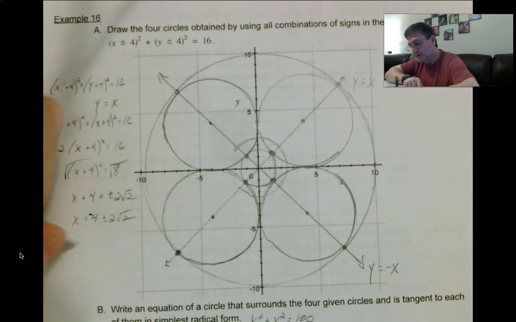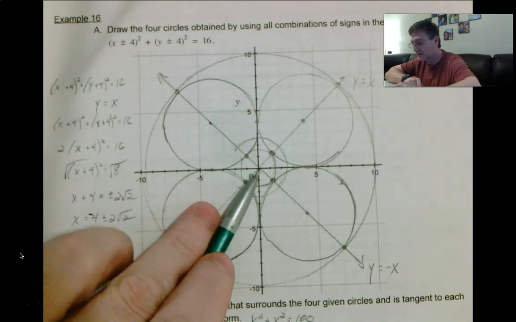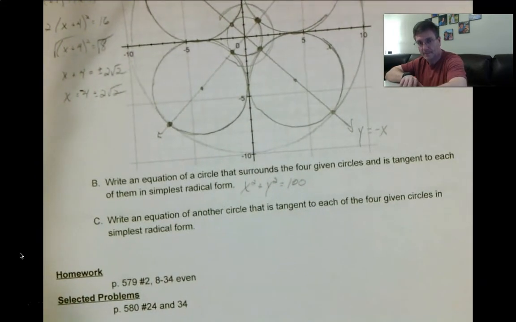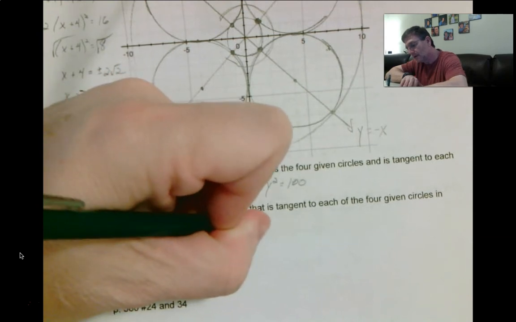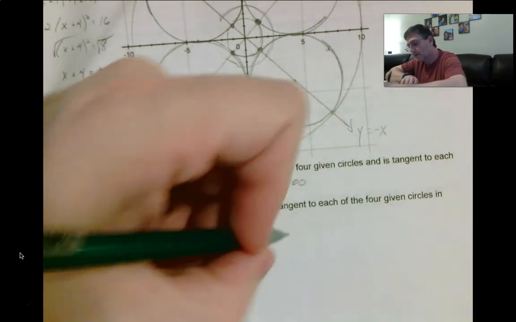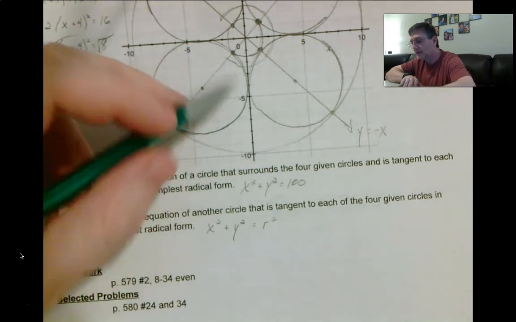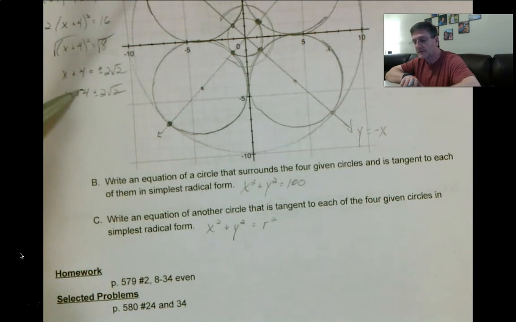So we go like this. Again, we have the center 0, 0. I'll slide up. x squared plus y squared equals r squared. Because it's at 0, 0, it's x squared plus y squared. x is at negative 4 minus 2 square root 2.